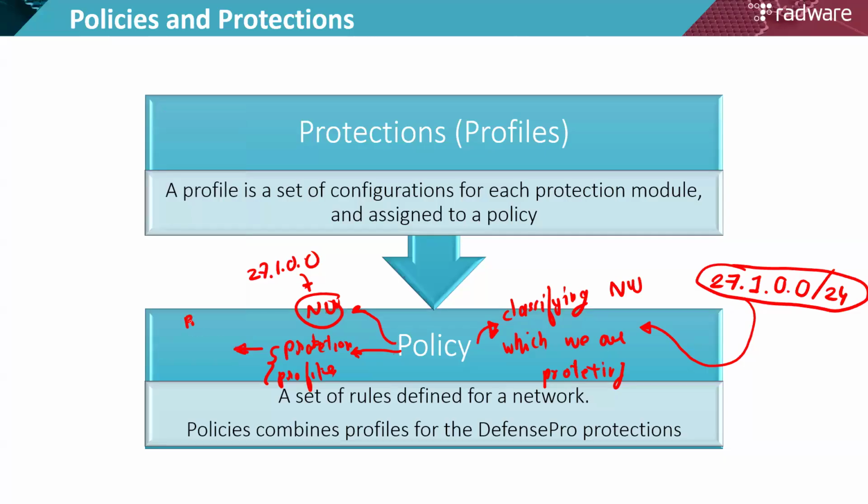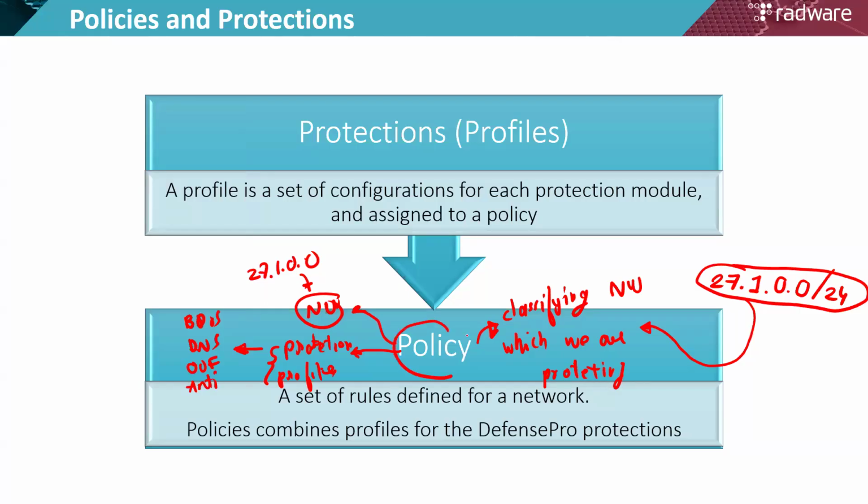The protection profiles could be BDOS, it could be DNS, it could be out of state. It could be, let's suppose, some other protection module like anti-scanning, etc. These are all the protection modules or protection profiles which we'll be using in order to protect this particular network. All these things are defined within a policy.